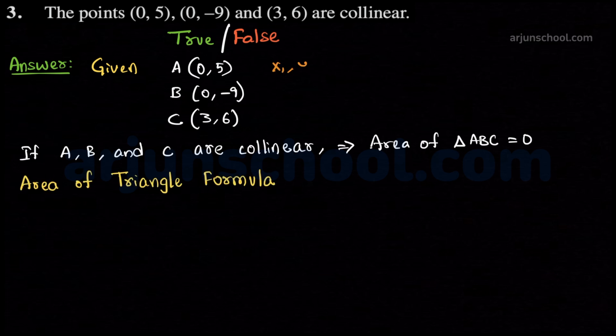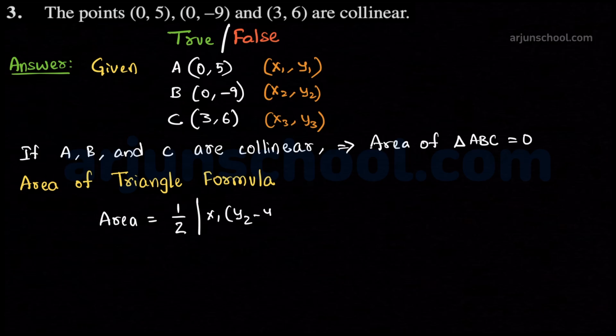Let us say point A is (x1, y1), point B is (x2, y2), and point C is (x3, y3). And what is the area formula when we are given 3 points? Area is equal to 1 by 2 modulus of x1 (y2 minus y3) plus x2 (y3 minus y1) plus x3 (y1 minus y2).